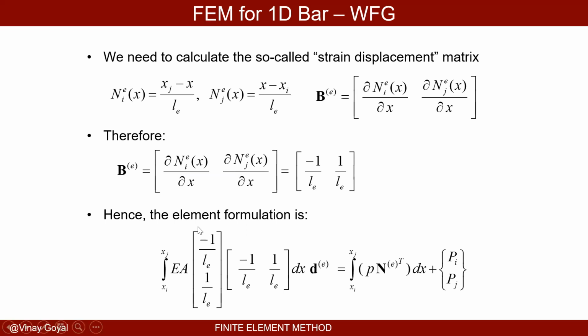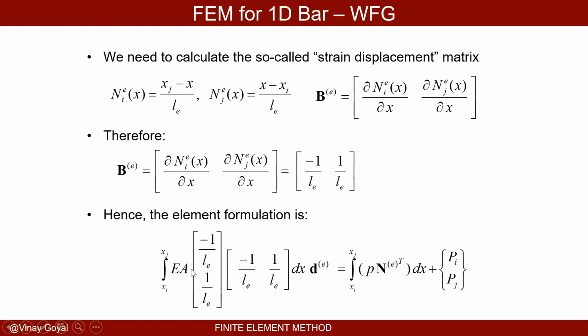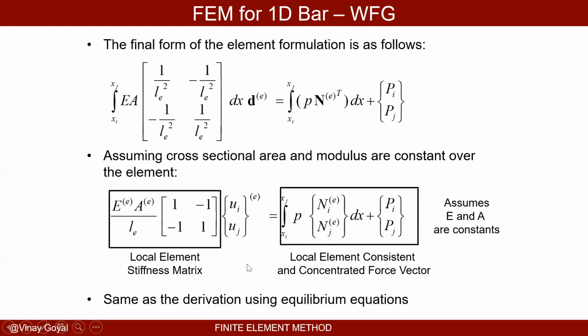And you can see that I'm doing that here. This is B bold transpose, so that's a column vector, while here I have a row vector, so that's just that in there. And just multiply everything out. On the left-hand side, I get this equation.